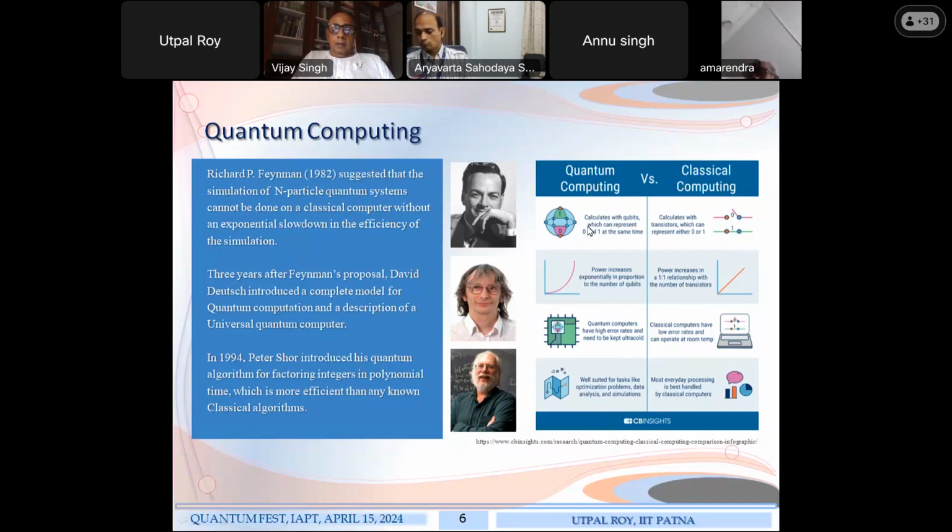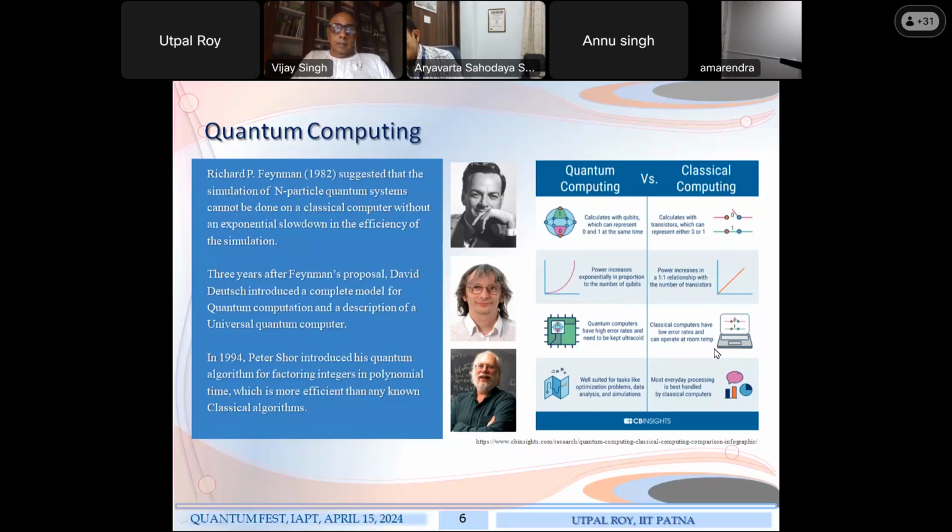In classical computing, if you switch on a light, it is either on or off. But if it is a quantum system and you define 0 and 1, there are many intermediate states. Then, in a classical computer, the power increases linearly. However, the power increase in a quantum computer is exponentially high. So that's another advantage of quantum computers.